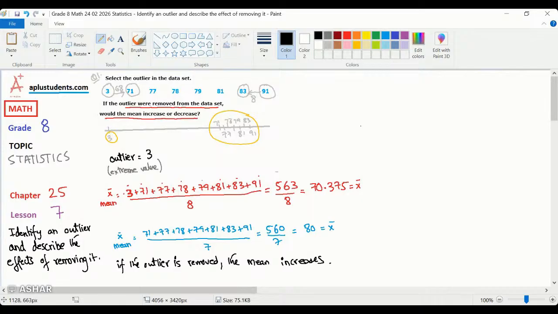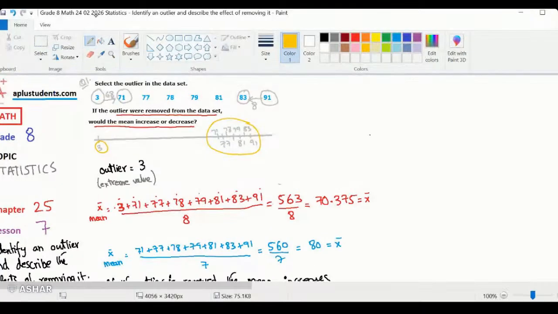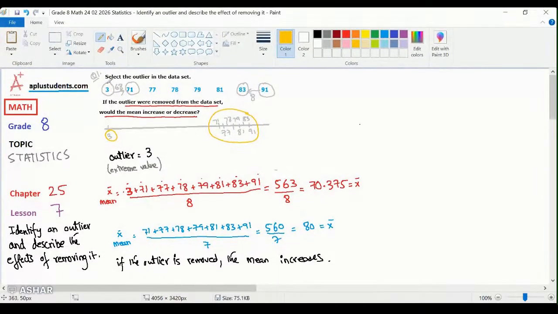Do we agree? In this particular case, the mean increased because the outlier was the smallest possible number. If it had been the greatest number, it would have a very different impact.